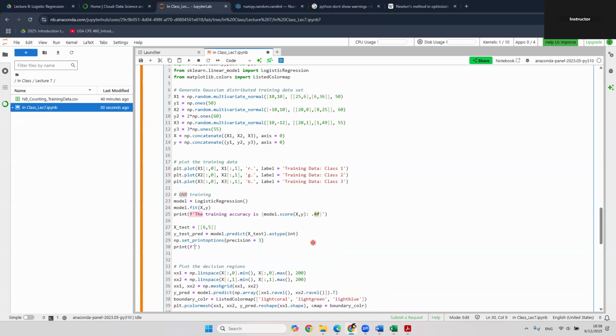Okay, so now I can print the predicted probability of the three classes of the test data.